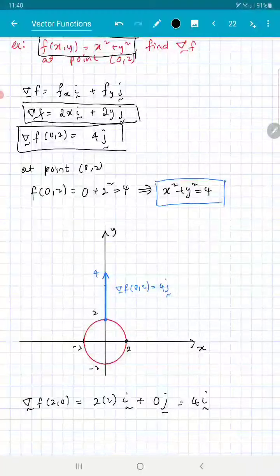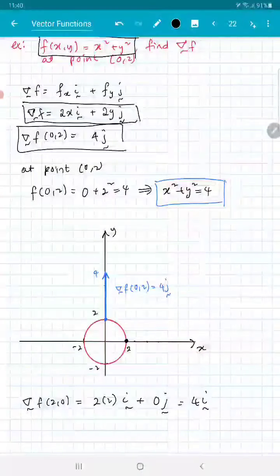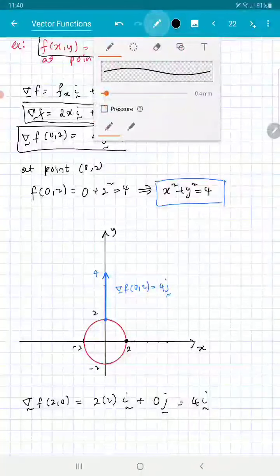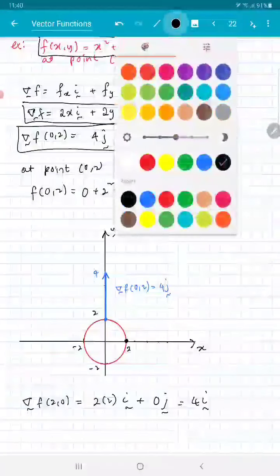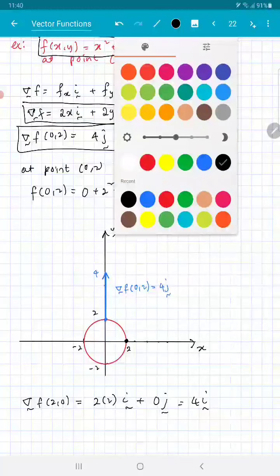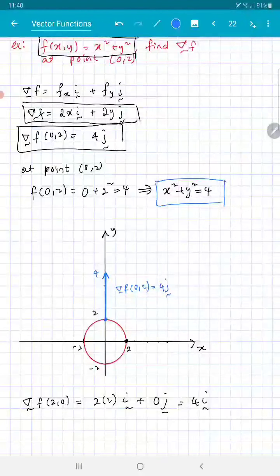So from this point 2, 0, you need to move 4 units to the right. We have 1, 2, 3, 4, and then you draw a vector. That vector is the gradient of f at point 2, 0, which is really the normal vector to the level curve. So the gradient of f is a normal vector to the level curve.